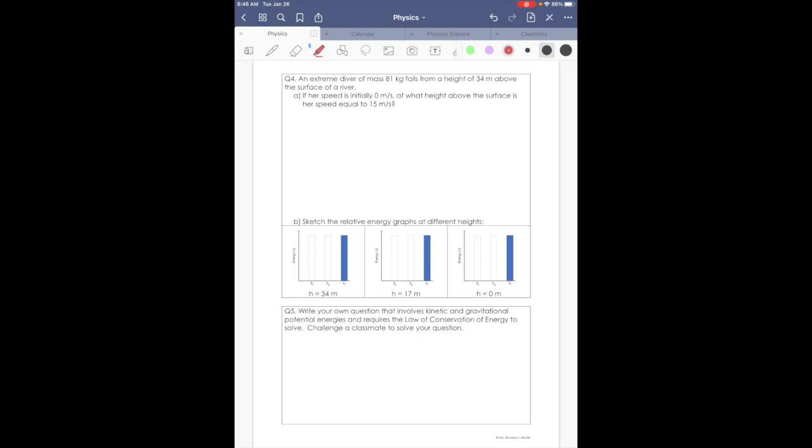You'll have to plug in all of the information that you have and then solve for the final height, where your speed, your velocity, would be 15 meters per second. And then you do not have to do question number 5.